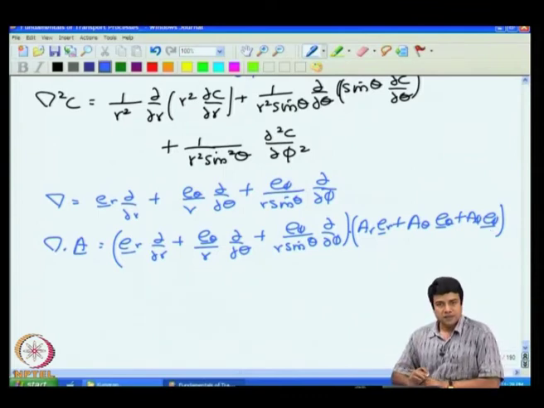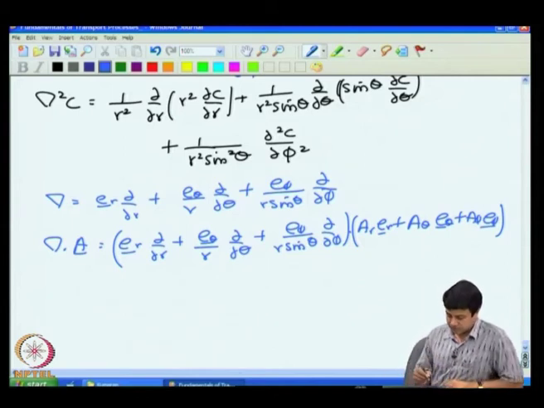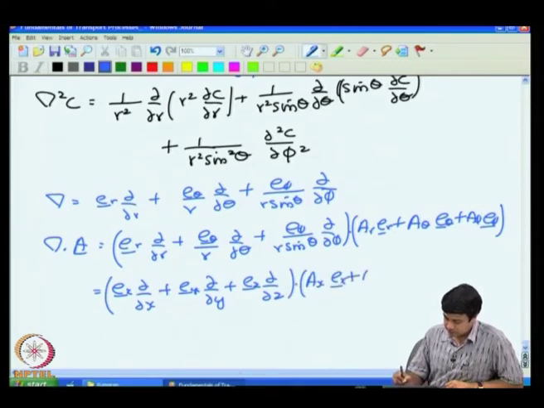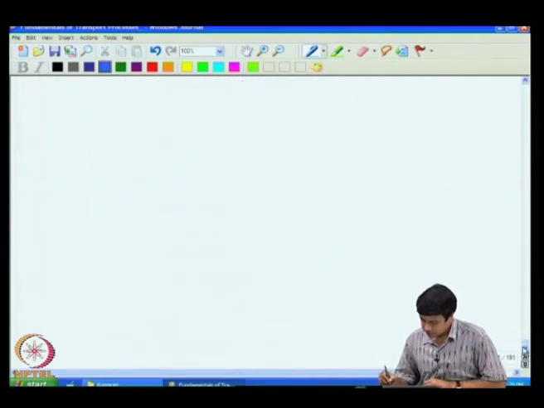So, if you are doing this just simplistically, the way that we did it in a Cartesian coordinate system, what you would say is that we will just take the derivatives of the components and take the dot product of the unit vectors. If you recall, in a Cartesian coordinate system, this was Ex d by dx plus Ey d by dy plus Ez d by dz of Ax Ex plus Ay Ey plus Az Ez.